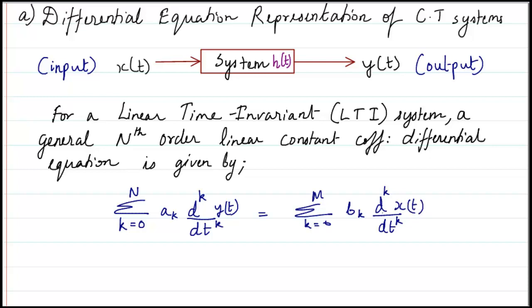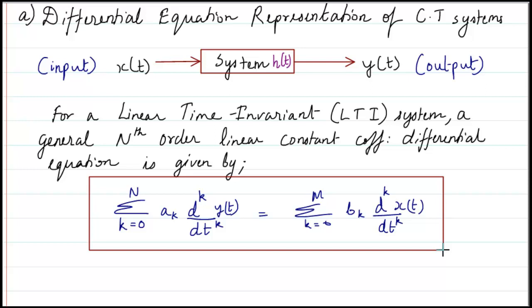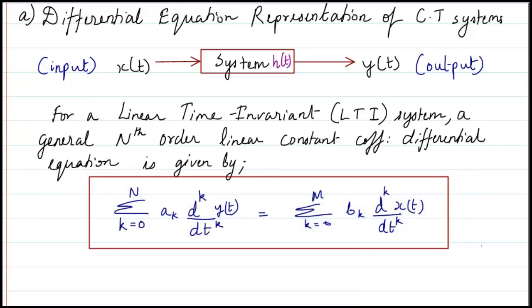So this is the general equation that we can use to represent the differential equation of a continuous time system where we have the input and output connected by a single equation.